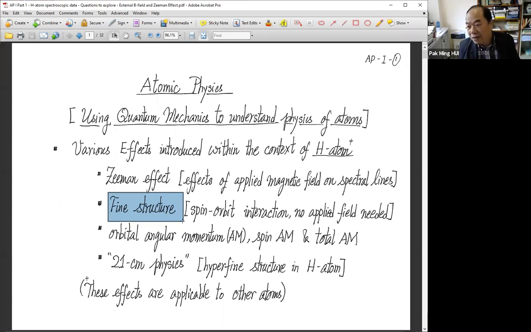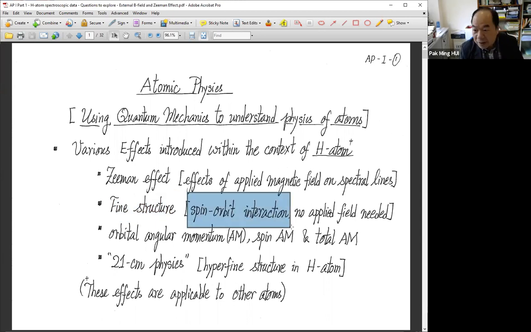You can imagine that due to the orbital motion, if you think about the Bohr model, with the 1s orbit, the electron orbiting is like a current loop. Therefore, it will generate a magnetic field. So there may be an internal field that could cause some effect, and that is called spin-orbit interaction.